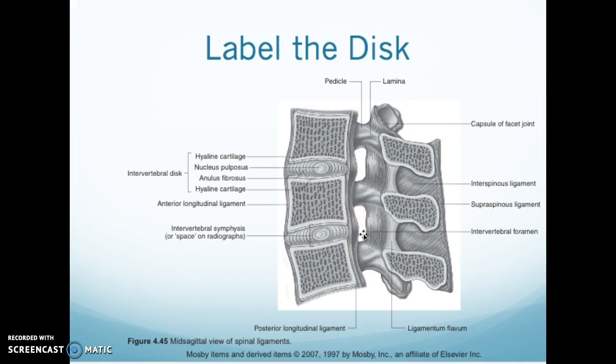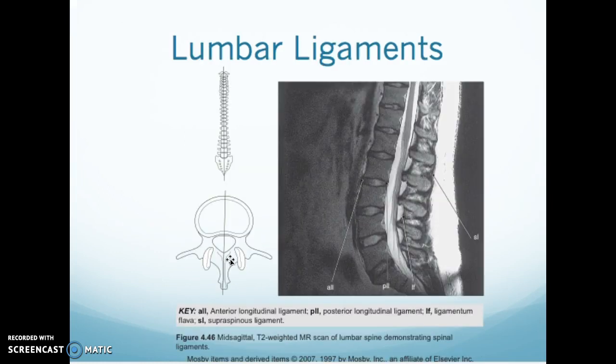I want you to know the disc, and I don't make you know all the different parts of the disc. And here you have your anterior longitudinal ligament, comes all the way down onto your sacrum, and your posterior longitudinal ligament is going to run right down through there.